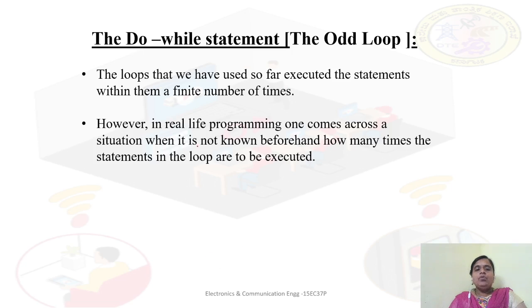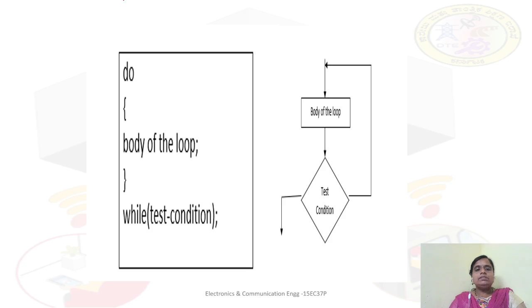Whenever we want to execute the loop at least once, or we do not know how many times the loop is to be executed, in such conditions we go for the do while statement. So first we say do, execute the body, and then we check the condition. That's why this is the looping statement wherein your body executes at least once before testing your condition.